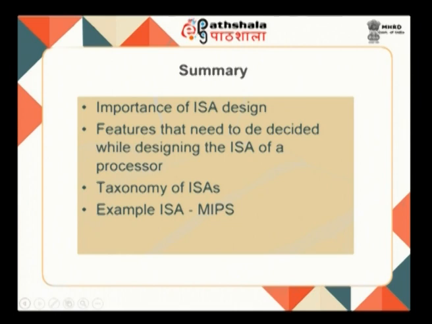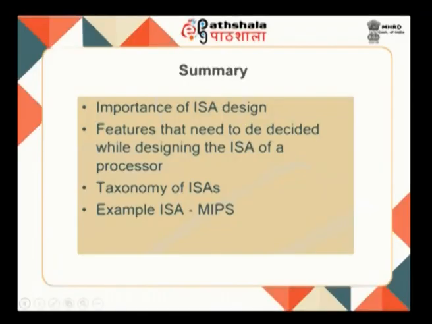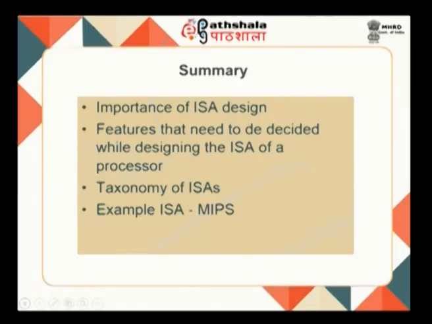We looked at the different features that need to be decided while designing the ISA. We also looked at the classification or taxonomy of ISA, which depends on the number of operands that get specified and the number of memory operands normally allowed in the processor. And finally, we looked at an example ISA, the MIPS ISA.